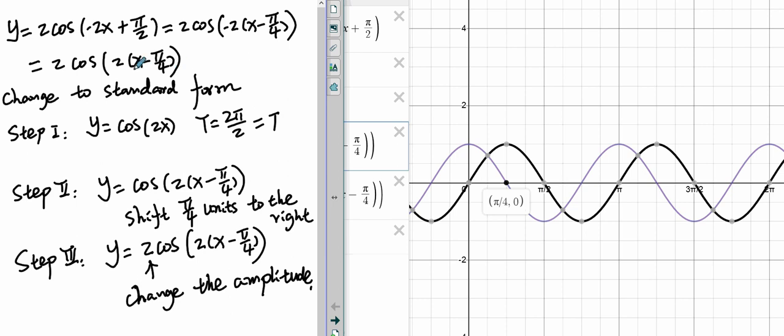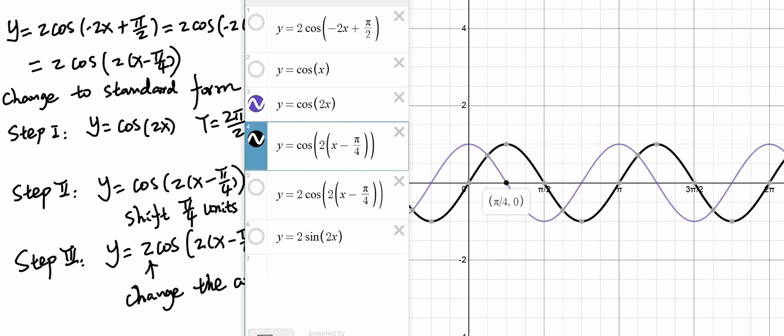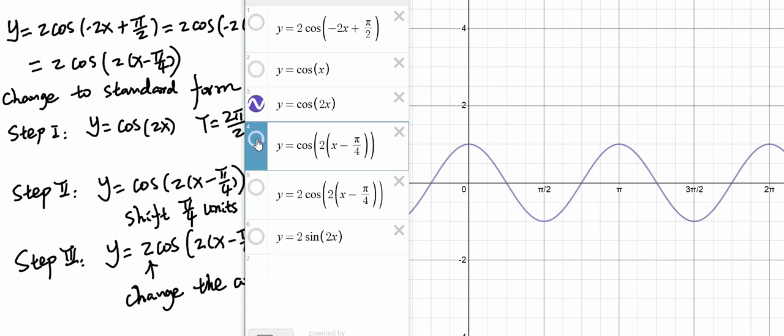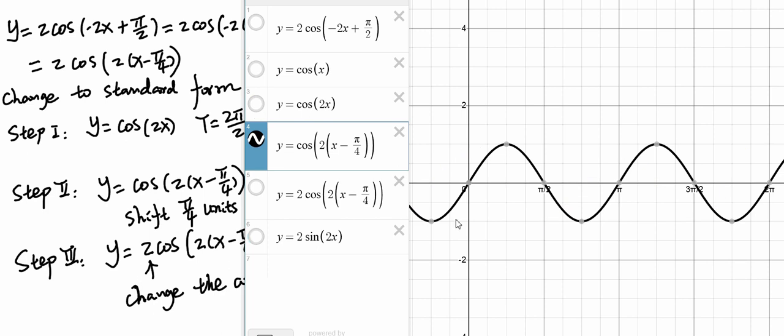Okay, I put the coefficient out, so you know the picture is pi over 4 units to the right between this one and this one. That would be step 2. Here is step 1, cosine 2x. Step 2 is to do the shifting, so forget about this one.